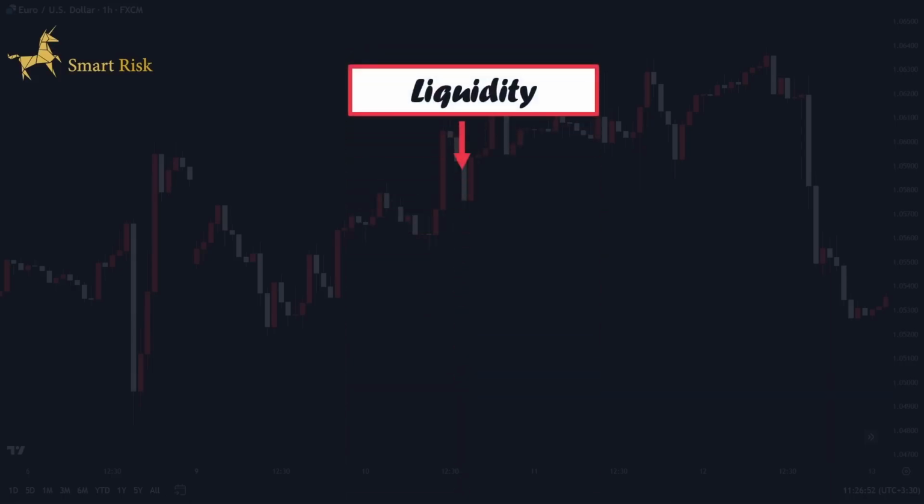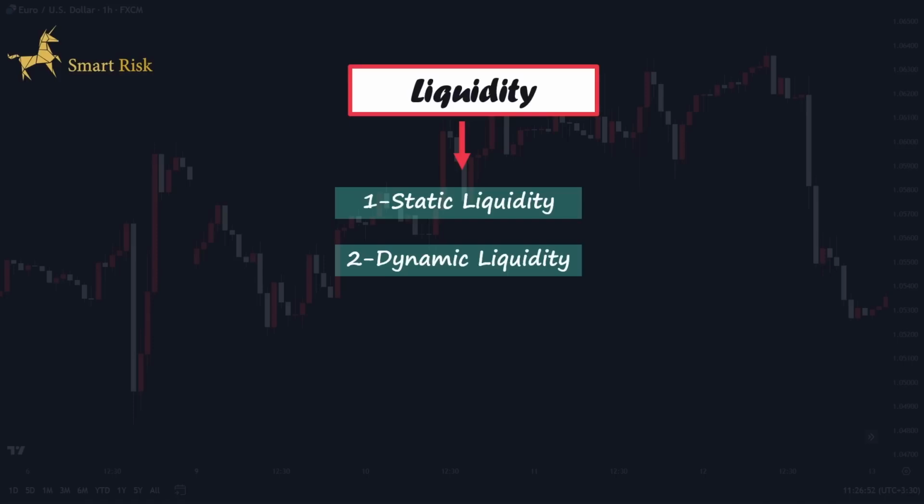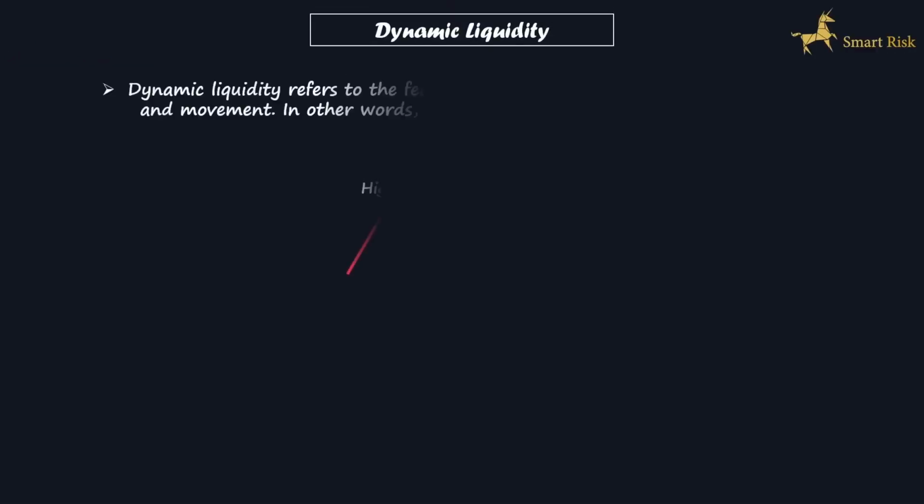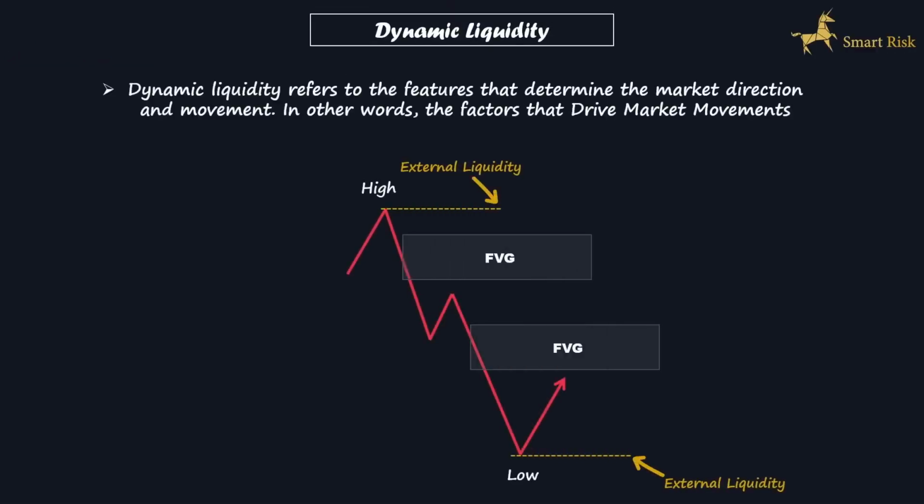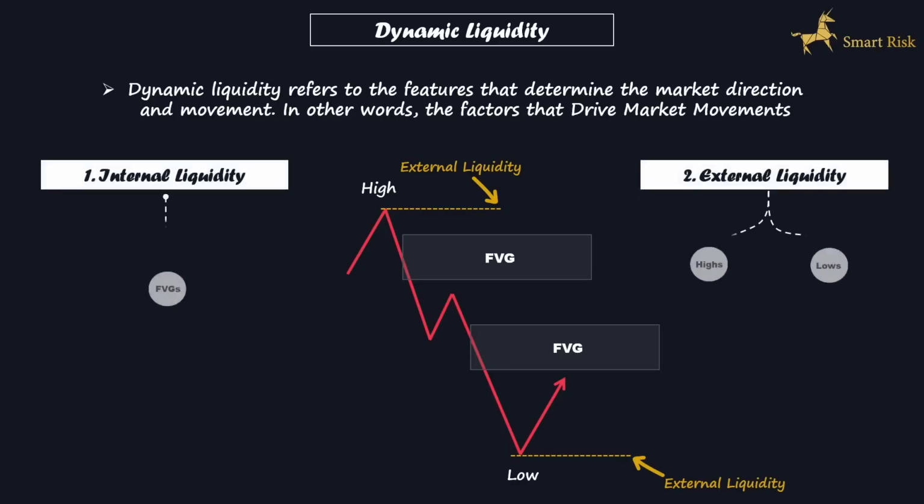Liquidity can be classified into two distinct types: static liquidity and dynamic liquidity. Let's have a brief explanation of both of them. Dynamic liquidity refers to the factors that influence market direction and movement. In simpler terms, it represents the elements that drive market movements. To better comprehend this, let's imagine a market structure like a rally wave, consisting of a high and a low.